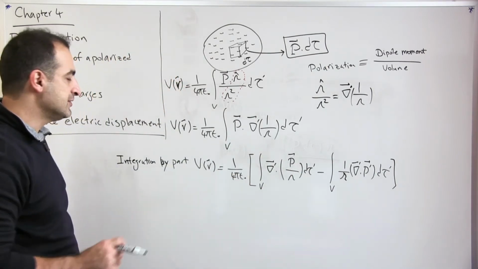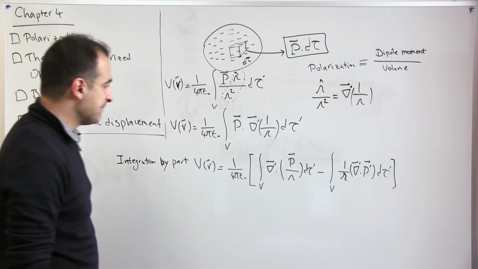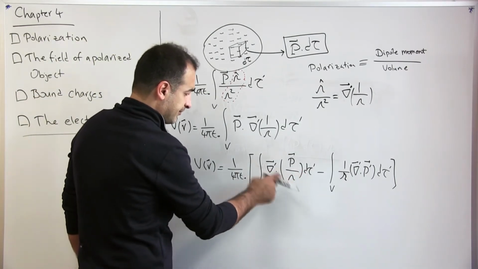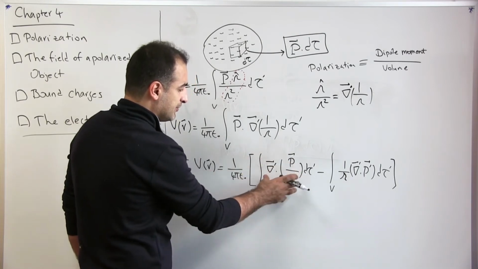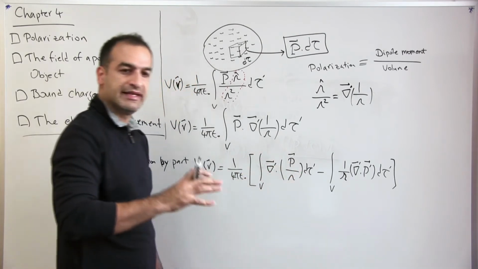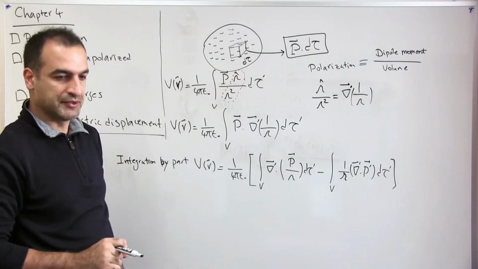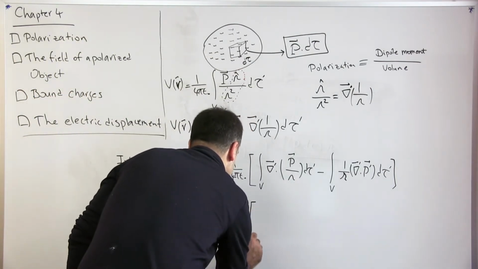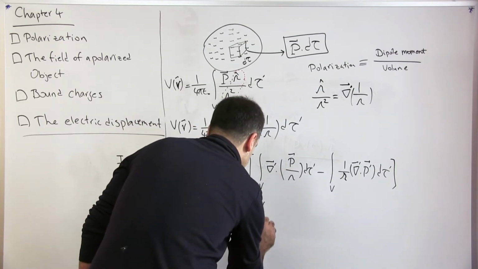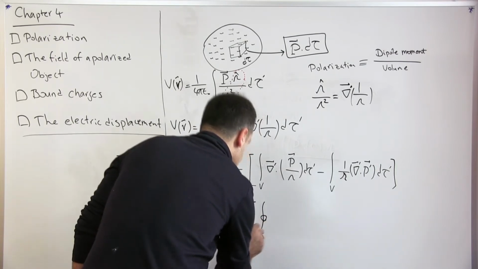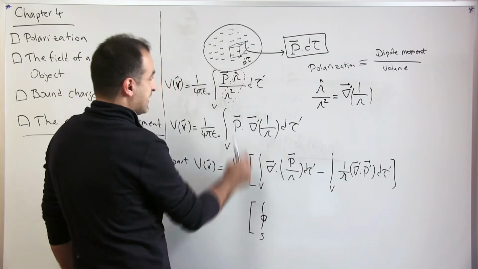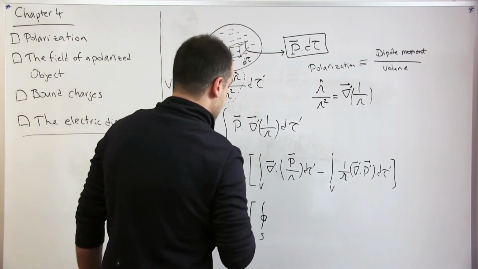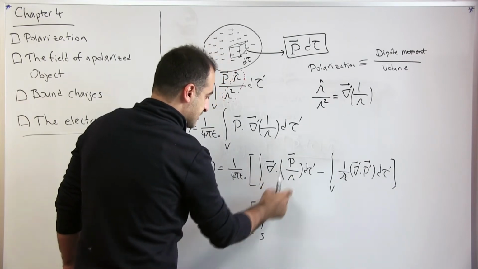So if we use the divergence theorem, we can change the integral of the divergence over the volume to an integral over the surface of the volume. I'm going to draw the bracket again. This integral can be changed to a surface integral over a closed surface, the surface of the dielectric, of not the divergence but the function itself.